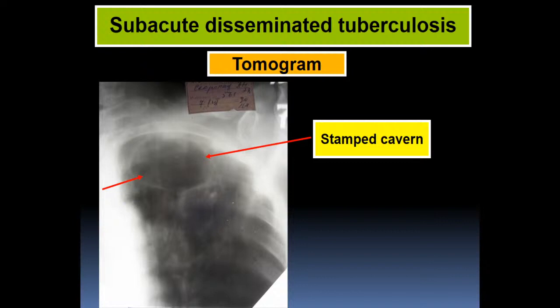This cavern has a correct shape because the wall of the cavern is thin and not deformed. And around this cavern we can see many focal shadows of different density.